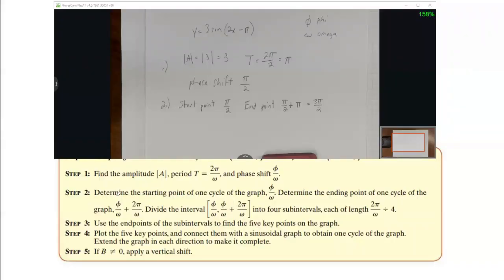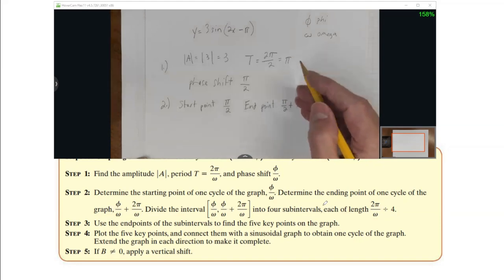Okay, so we've figured out where it starts and where it ends. Now we have to divide it into equal subintervals. The length of a subinterval is going to be the period divided by 4. Our period in this particular case is pi.